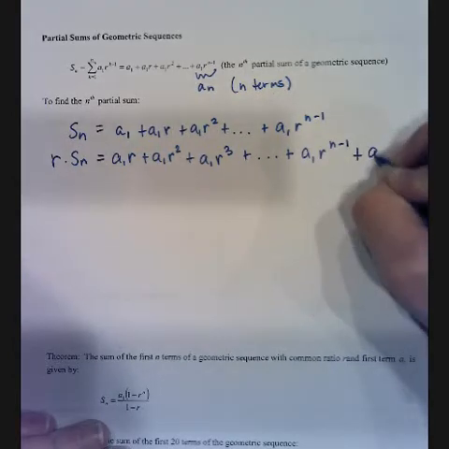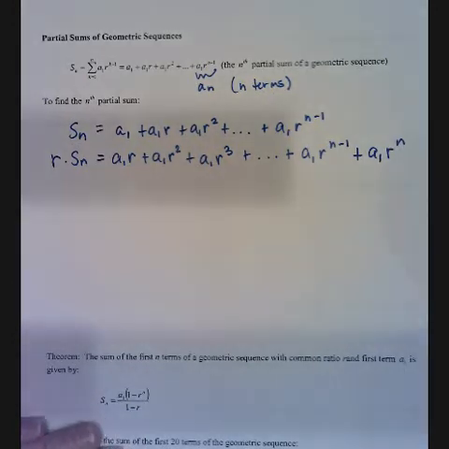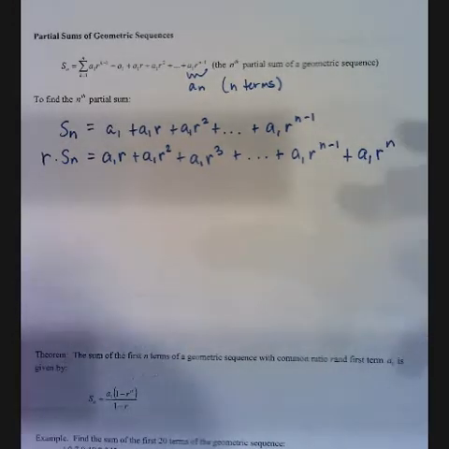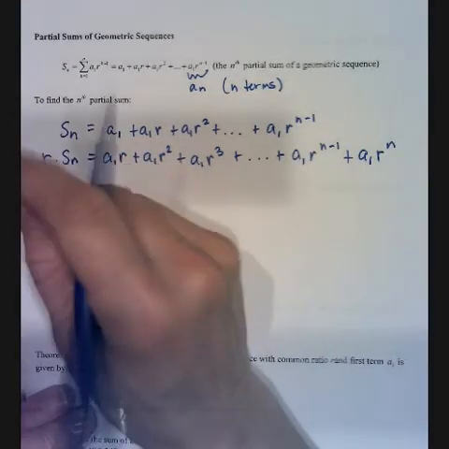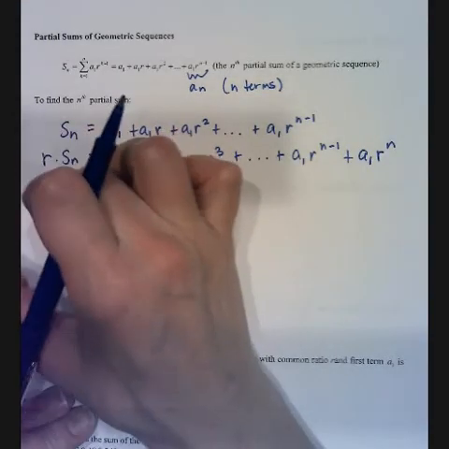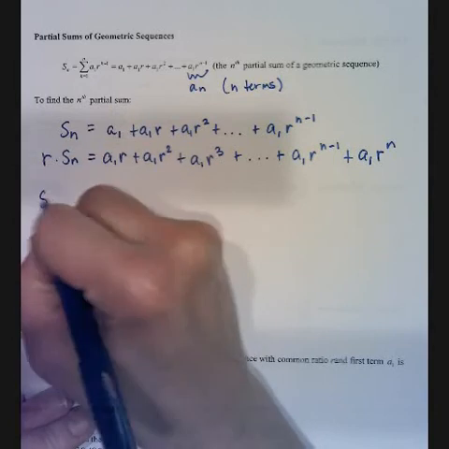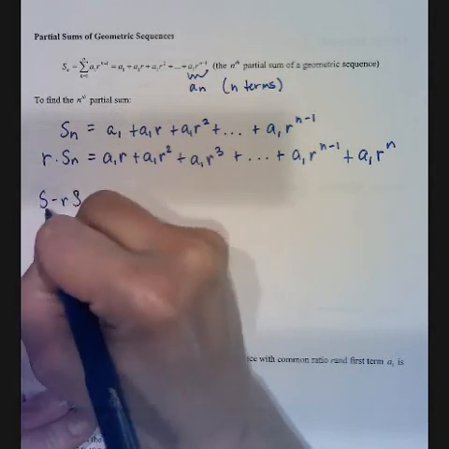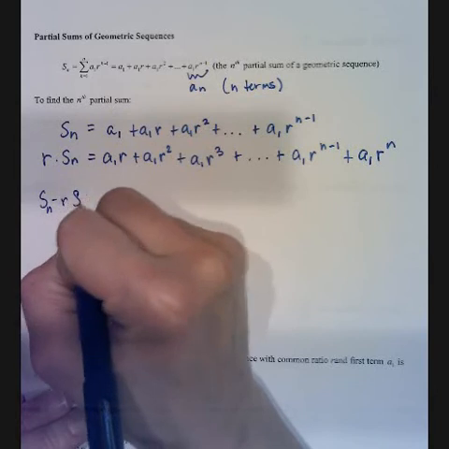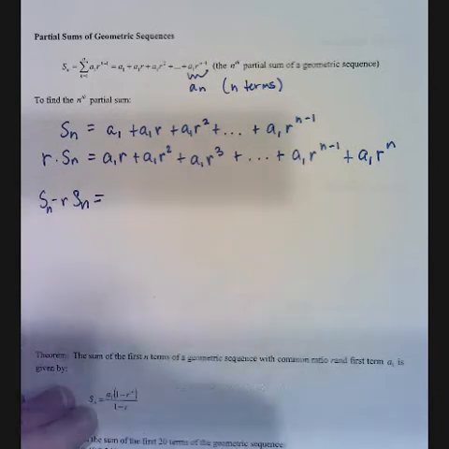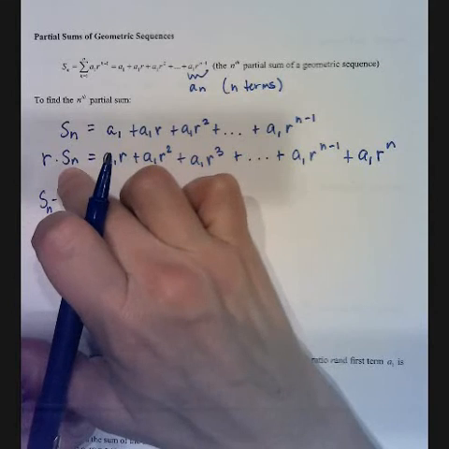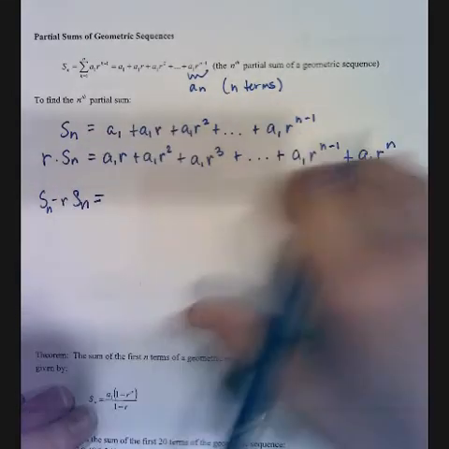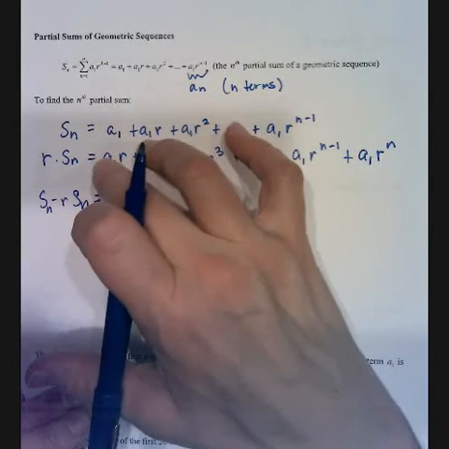I'm going to write that down because what I want you to see next is that if we subtract these expressions, s sub n minus r times s sub n, you'd have to subtract every term.